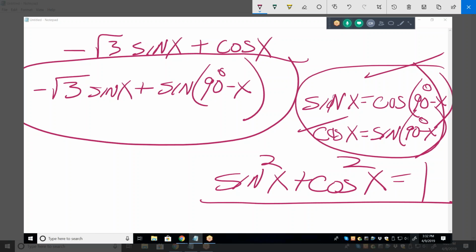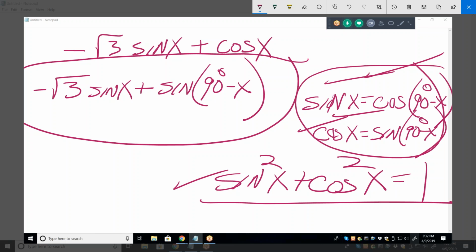In other words, you won't run into sine squared x plus cosine squared x. What you'll run into is 1 minus cosine squared x. What do you replace that with? Sine squared x. Yes, sir. So when everything's being squared, you use this identity. When nothing is being squared, you use one of these two.